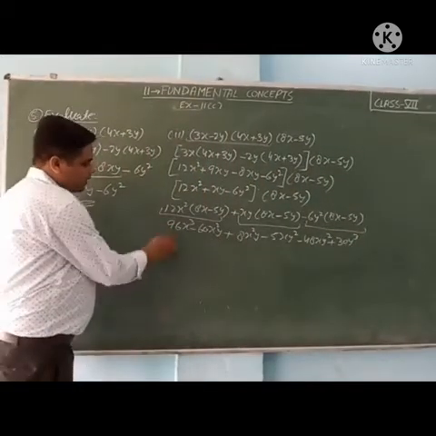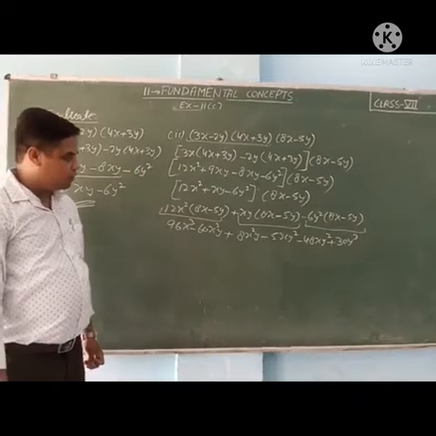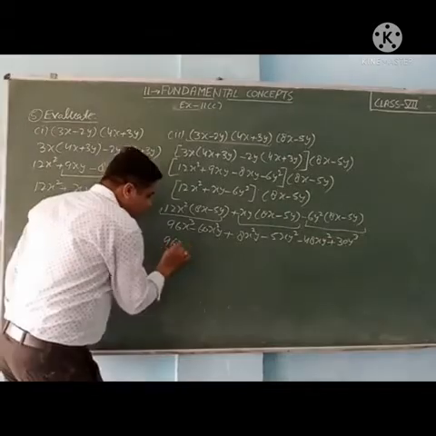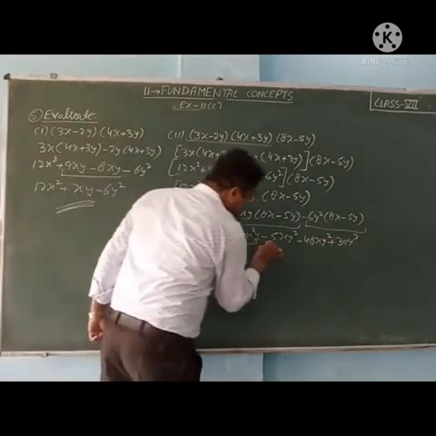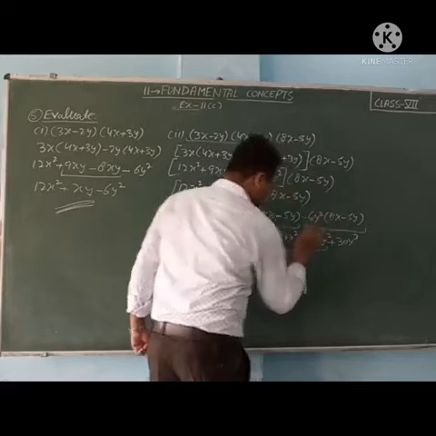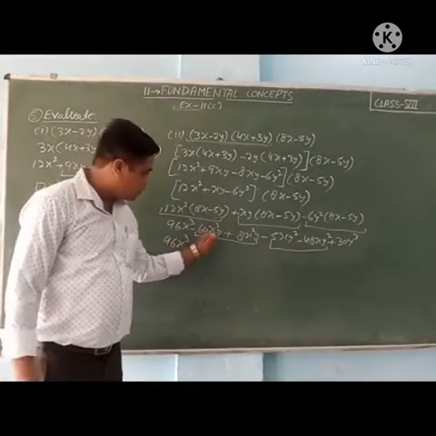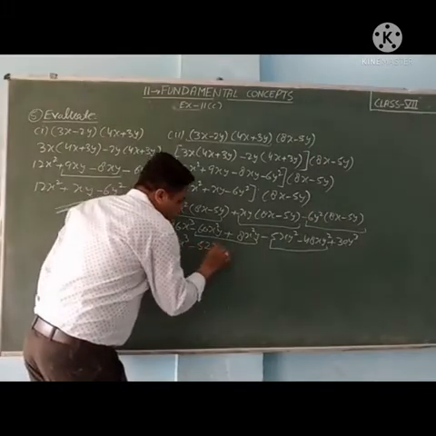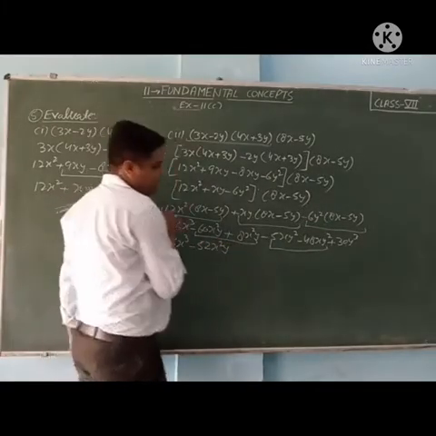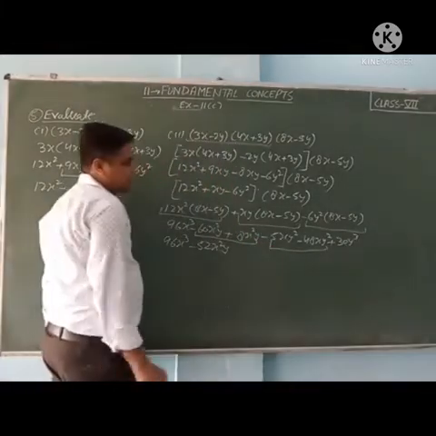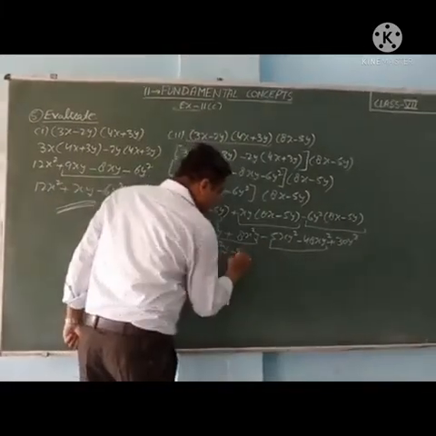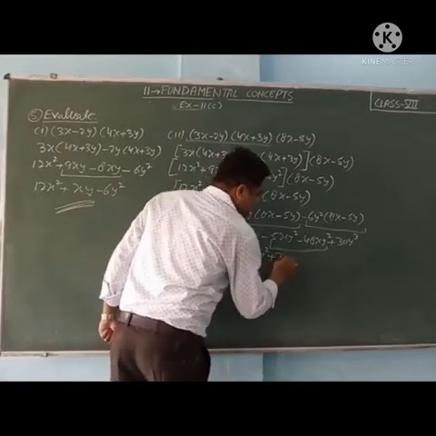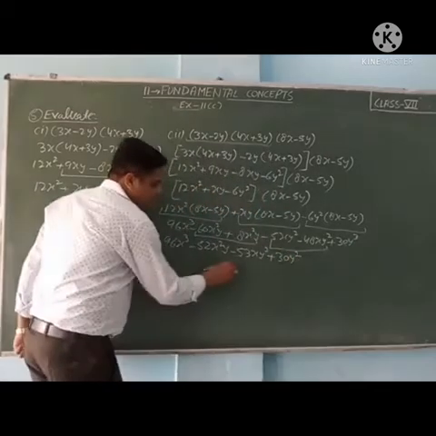Then 96x cube, any other x cube? No. So terms are already arranged. So 96x cube as it is, one pair is this, one group is this. So minus 60x square y plus 8x square y, it will come minus 52x square y. Then minus 5xy square minus 48xy square, it will come minus 53xy square. Then plus 30y cube. So this is the answer.